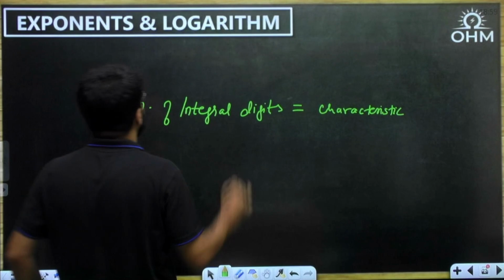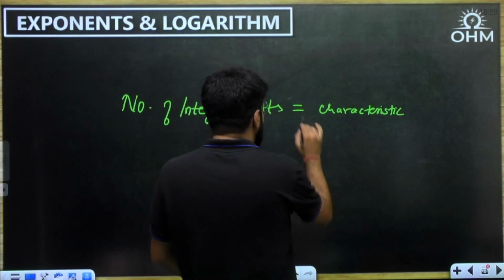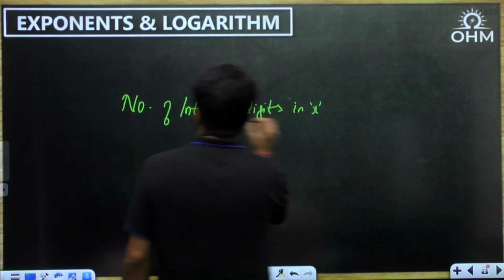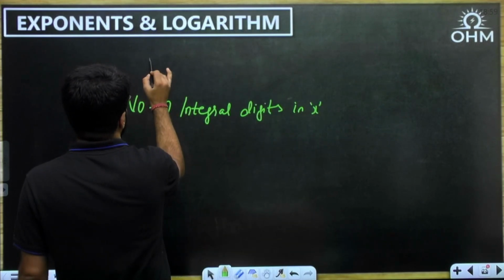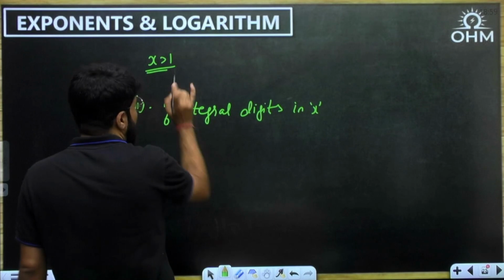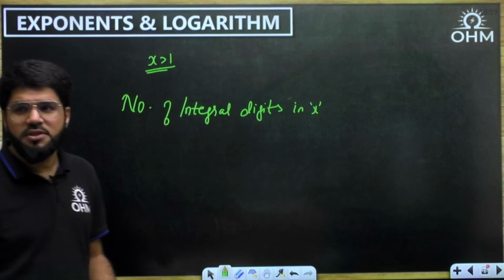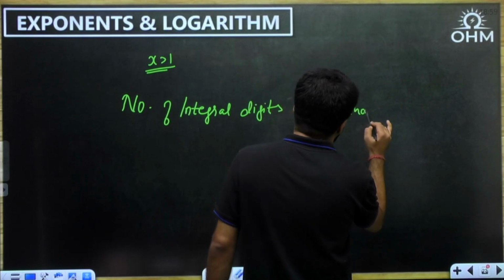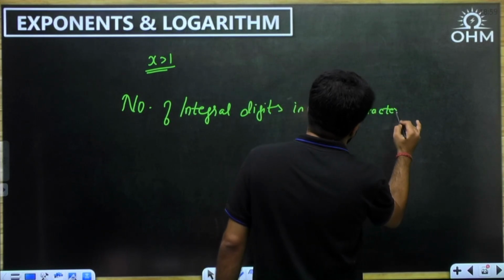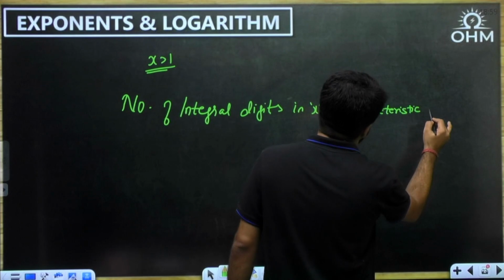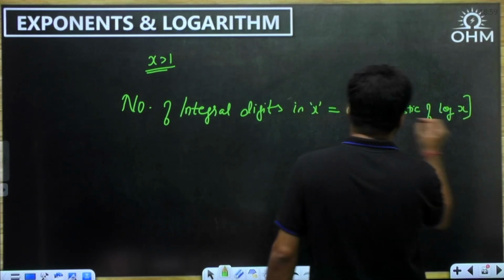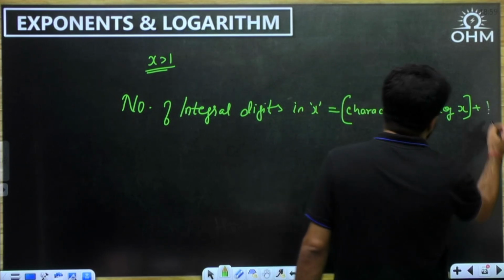In any number x, where x is greater than 1, I have taken the log of numbers greater than 1. The number of integral digits in x is equal to the characteristic of log x, plus 1.